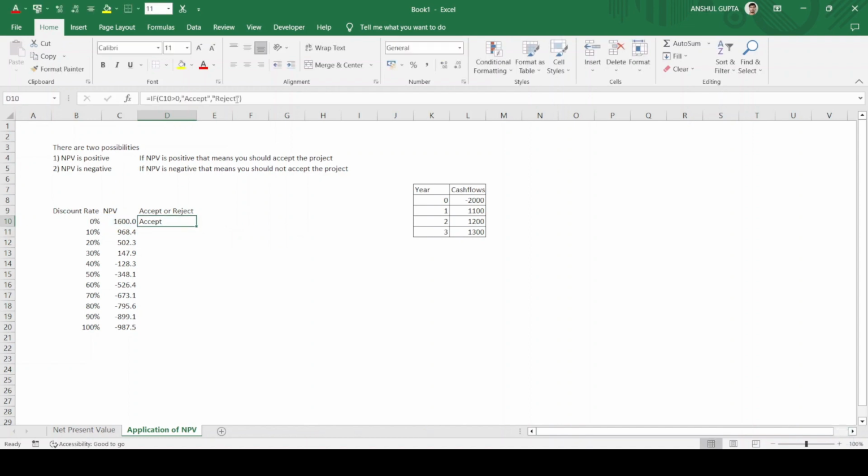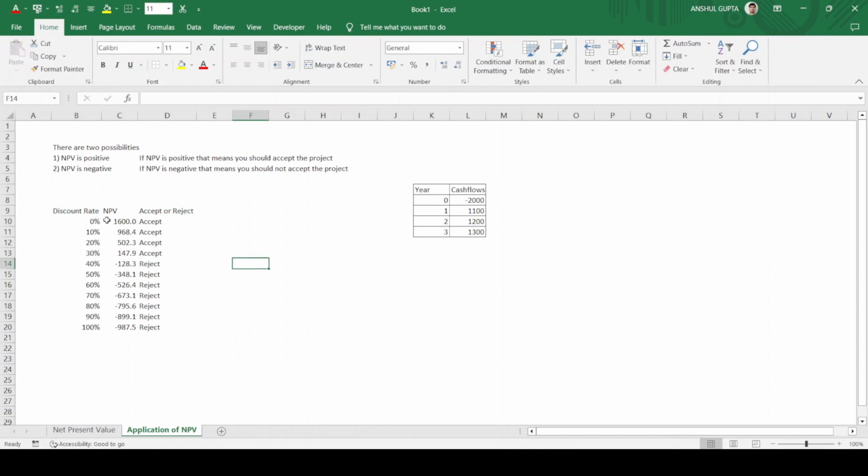Close the bracket, press enter, and as you can see, it is coming out to be accept because the net present value is greater than 0, that is positive. So let's press Control plus C, press Control plus V. So till 30% our net present value was positive, that is 147, and when we move forward to 40%, 50%, 60%, 70%, until 100%, our net present value was negative. That means we should reject the project in this case.